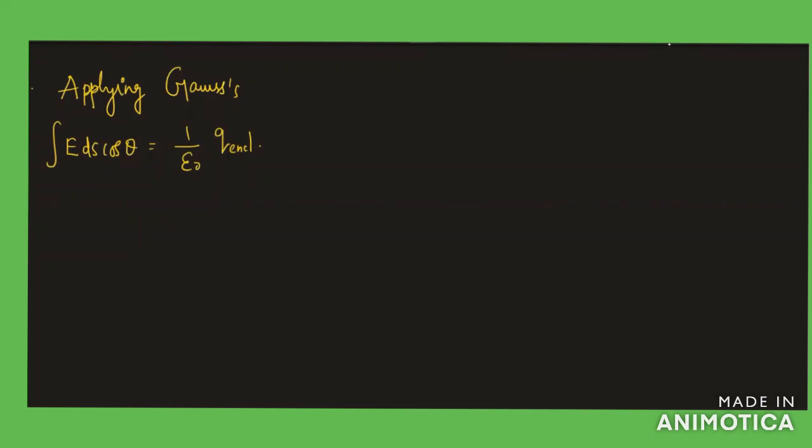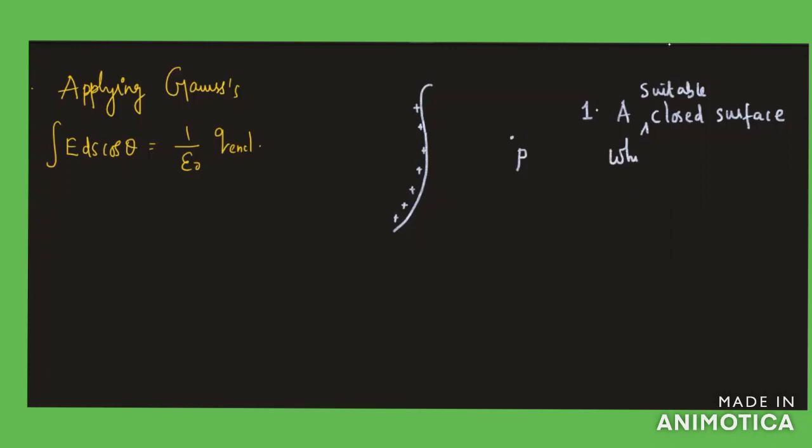For that, let's consider a charge configuration. Here I'm going to take a continuous charge distribution. And if we need to find out the electric field at a point P near this charge configuration, first we need to consider a suitable closed surface which passes through the point P. So this is the first step.